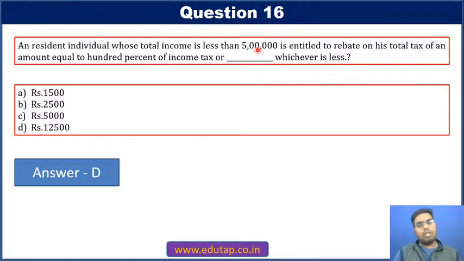So this amendment I missed in yesterday's lecture. If a resident individual's total income is less than 5 lakh rupees, he shall be entitled to a rebate of 12,500 or 100% of his income tax, whichever is lower. Clear?